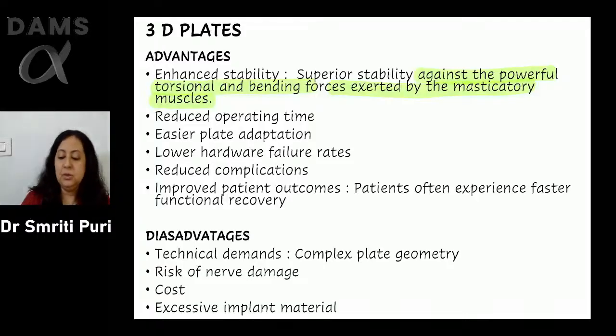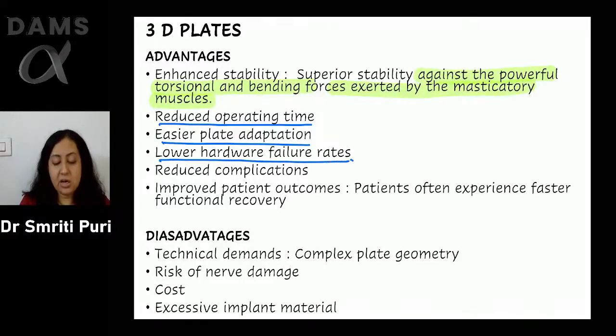Reduced operating time, easier plate adaptation, less hardware failure rates, reduced complications, improved patient outcomes, that is, faster functional recovery.